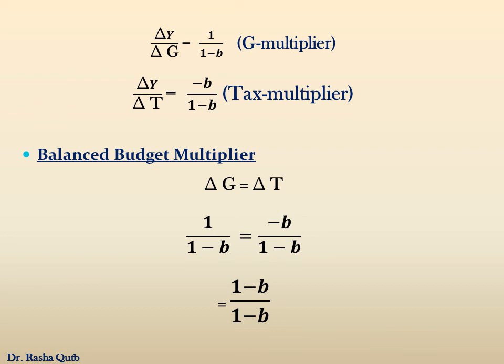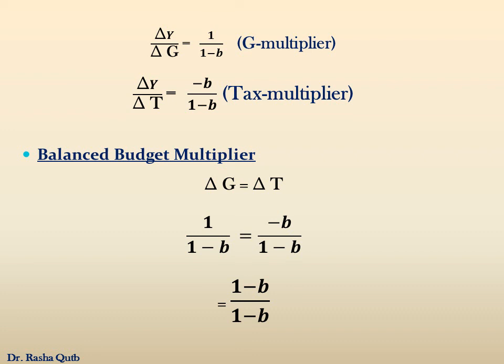That is why, when we calculate the balanced budget multiplier, we assume that government expenditures increased by the same amount as taxes. What is the final impact on the equilibrium level of national income? In this case, the equilibrium level of national income is increased by the initial increase in both government expenditure and taxes. Why? Because the value of the government spending multiplier is greater than the value of the tax multiplier.